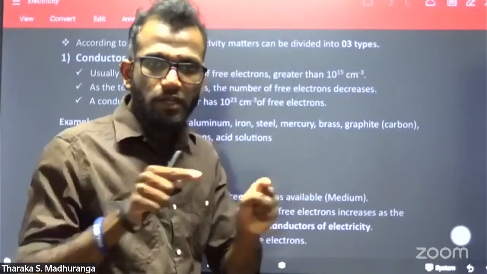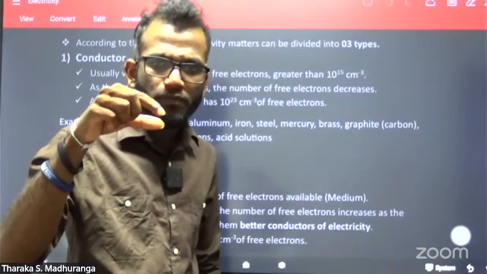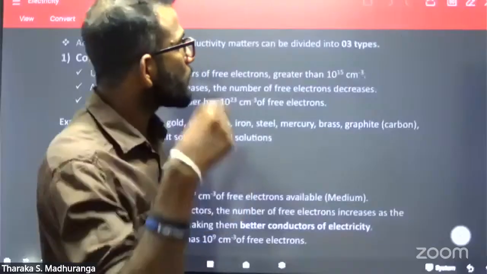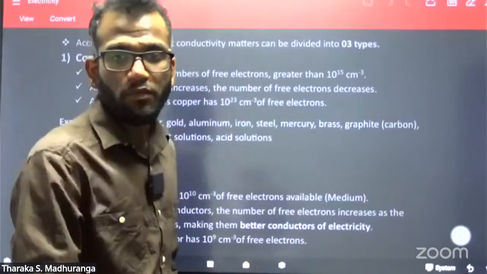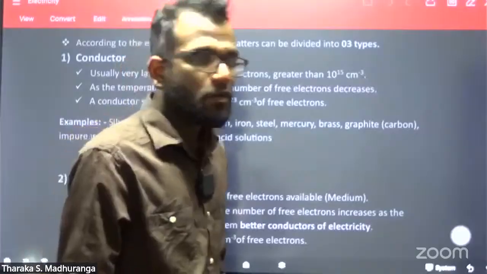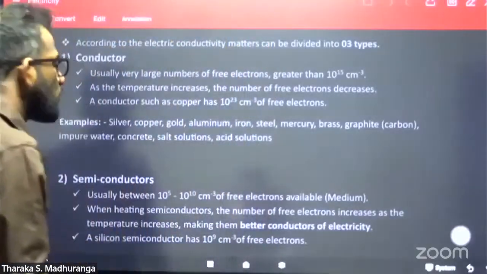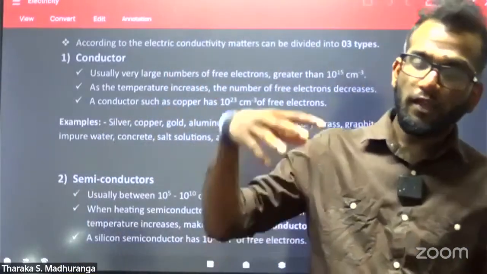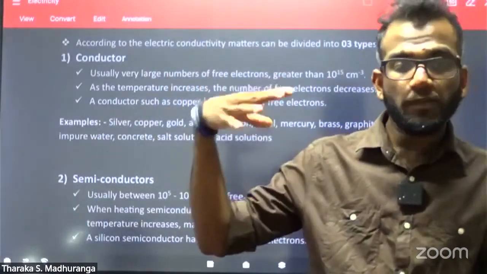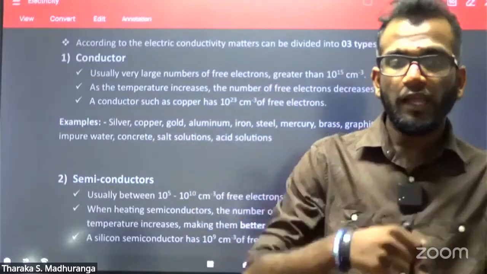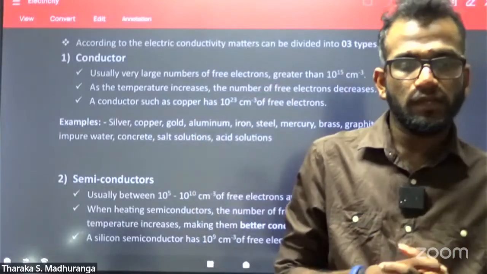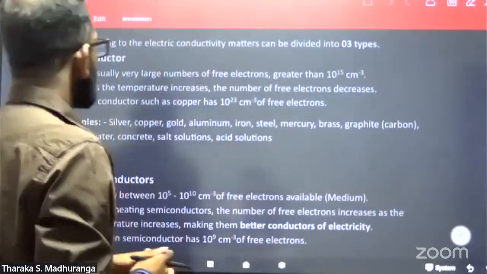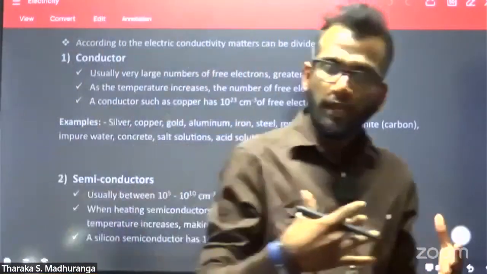That means in a small cube of 1 centimeter of this conductor, there are more than 10 to the power 15 free electrons. If a material has this amount of free electrons, we call it a conductor. Then these free electrons can transfer more electric current.